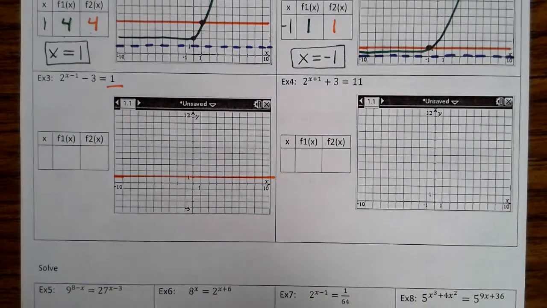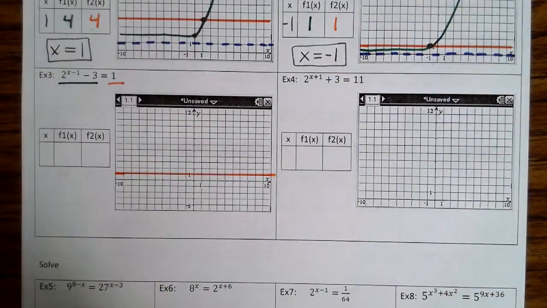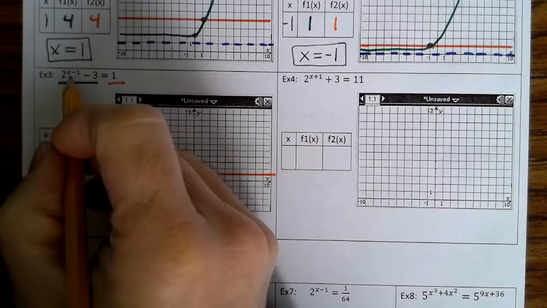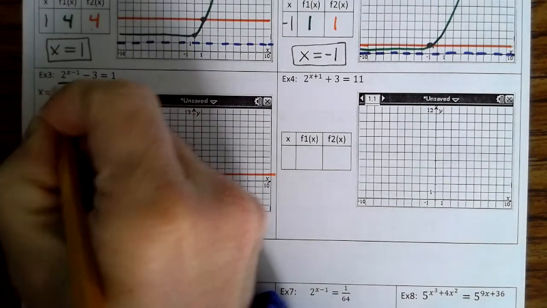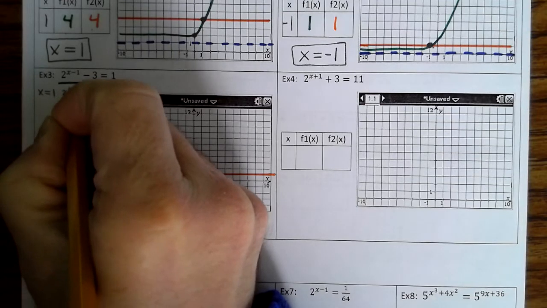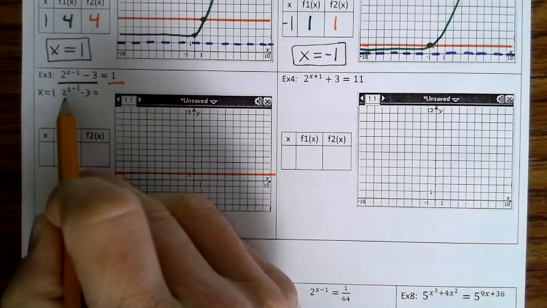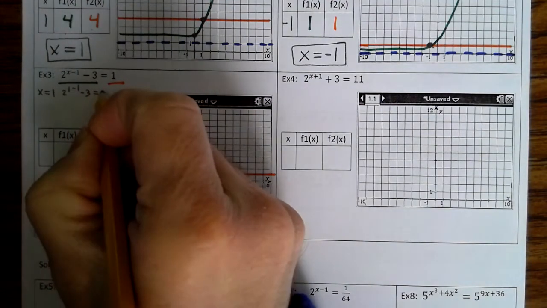Okay, now we graph the left side. Here, it looks like I want to start at x equals 1 because 1 minus 1 is 0. So x equals 1. That's 2 to the 1 minus 1, minus 3. Well, that becomes 2 to the 0 power, which is 1. 1 minus 3 is negative 2. So your first point is 1, negative 2.